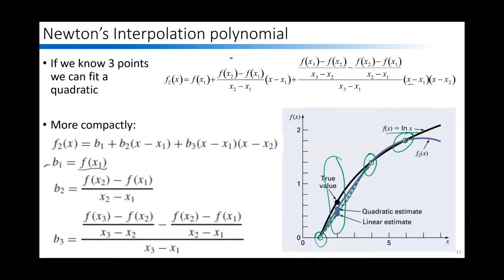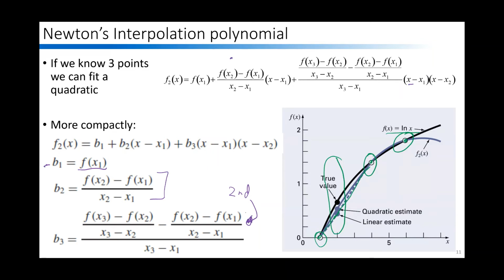Our b1 is just the f of x. b2 is the slope between points 1 and 2. b3 is really the second derivative of these different points. That second derivative, which is going to give us a curvature, is represented in b3.